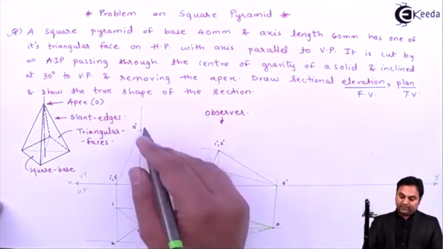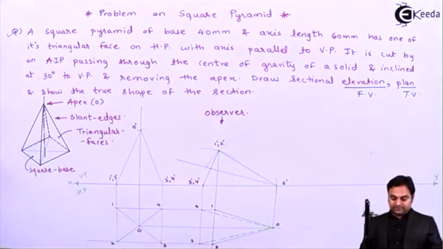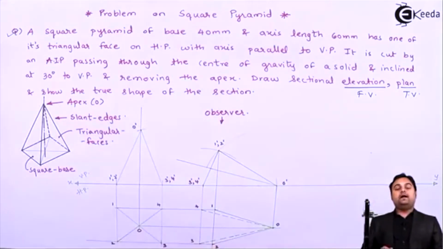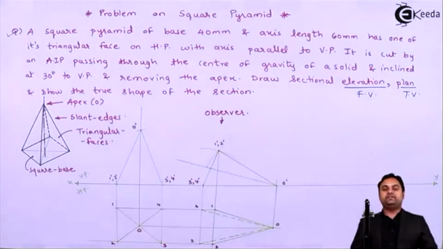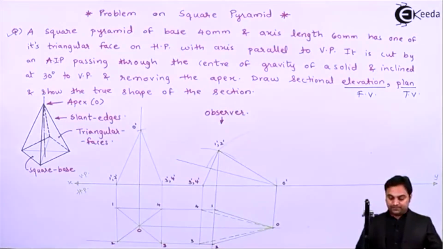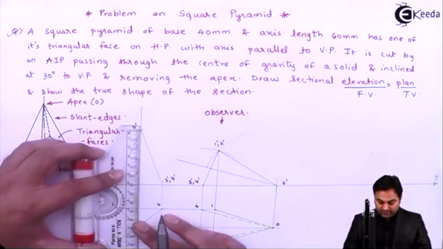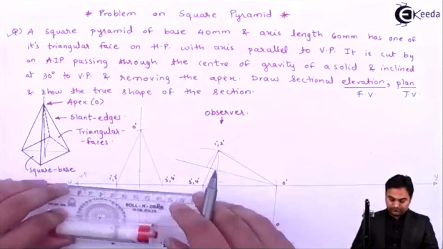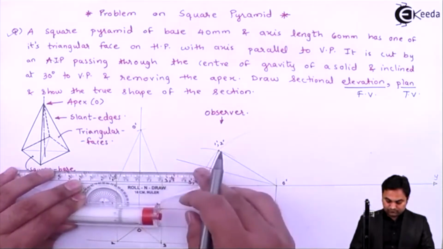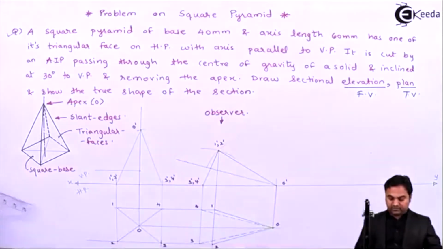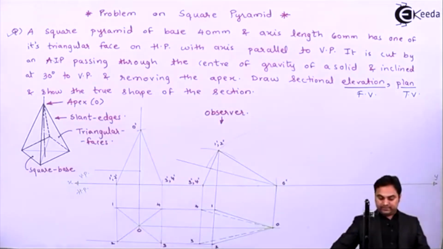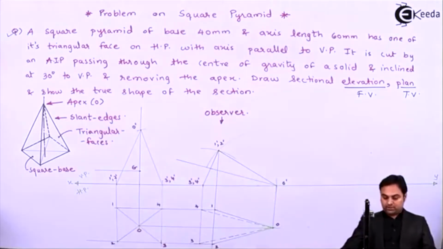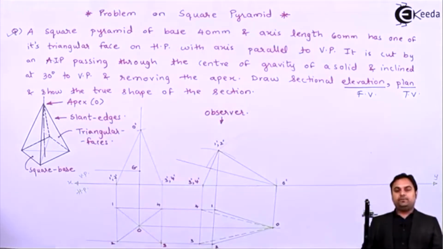Now the center of gravity of this pyramid, since the height is 60 and CG of the pyramid is located at h by 4 distance from the base, so h by 4 of 60 is 15 mm. So 15 mm from the ground or the base, there is CG denoted as point G of the square pyramid.